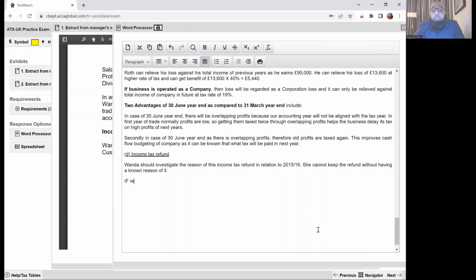If the reason for the refund cannot be identified, Vanda should return the amount to HMRC. Otherwise, it will become a legal matter.